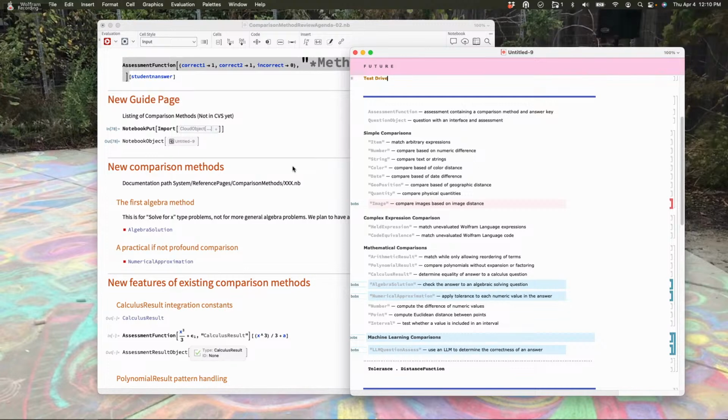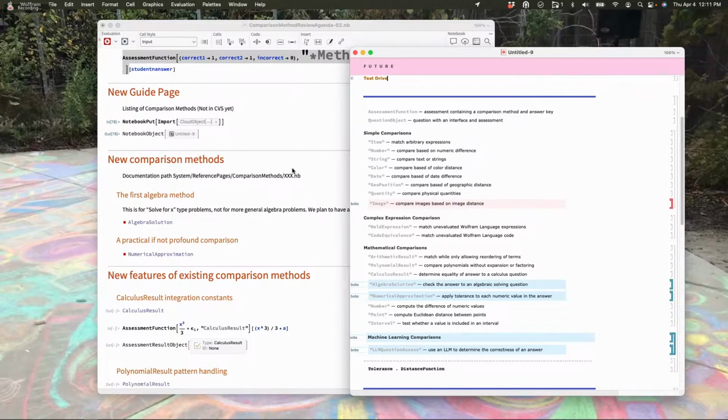Why don't we just call it expression? Because it is an arbitrary expression, isn't it? It could be expression, yeah. I think that's what we should call it. I think we went back and forth on those names at one point, and I would say expression. So okay, we can add backward compatibility for Item. Right. Keep working, right?